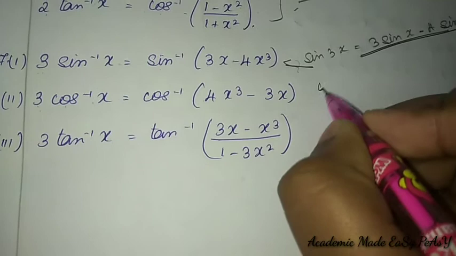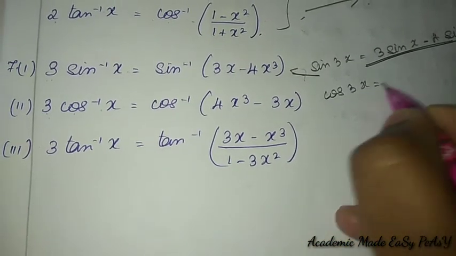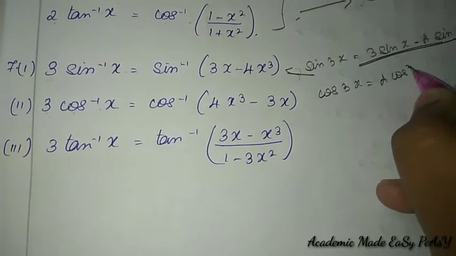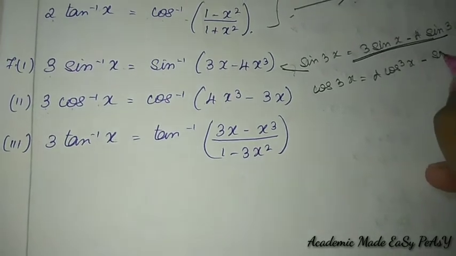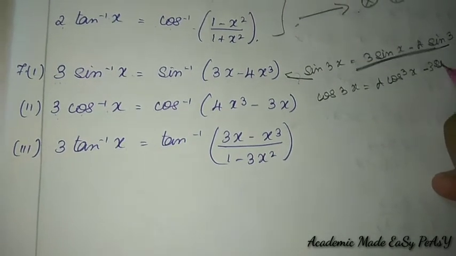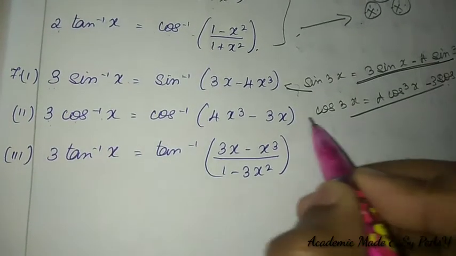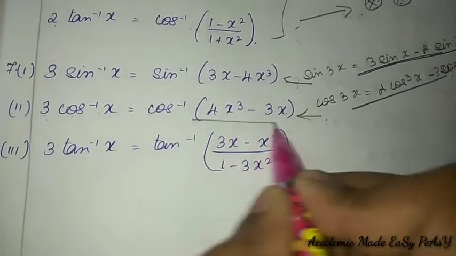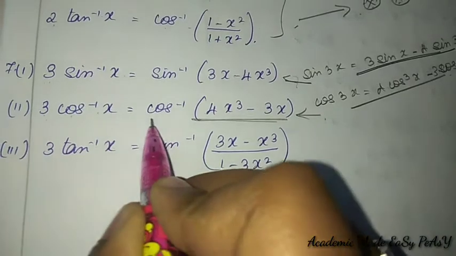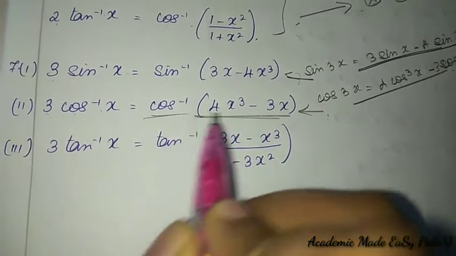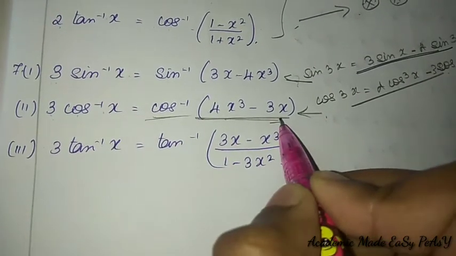This is also same, where cos 3x is equal to 4 cos cube x minus 3 cos x. This is the formula. So here the inverse is given, just the same as it is, only taking the inverse out, and x and all is here.